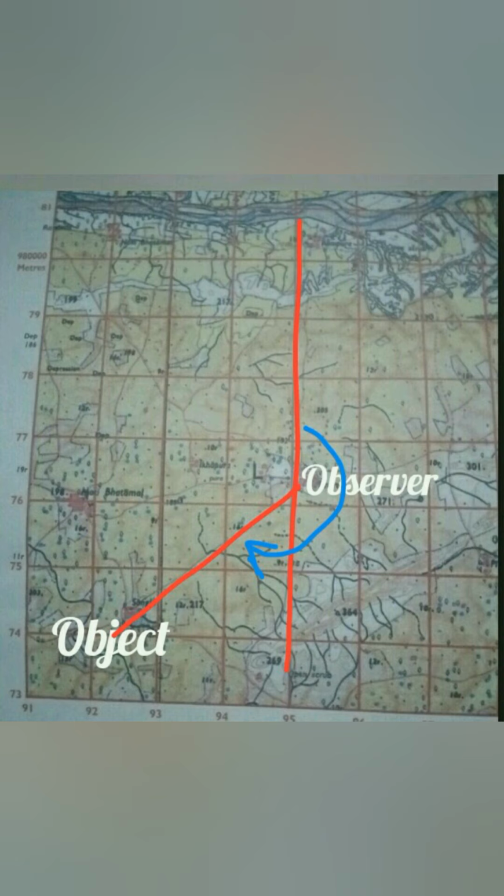So after the north-south line, from the object's position to the observer's position, we draw a line and measure that angle. In this example it is 50 degrees. So 180 plus 50 degrees, we get 230 degrees. That is the bearing of the object and observer.